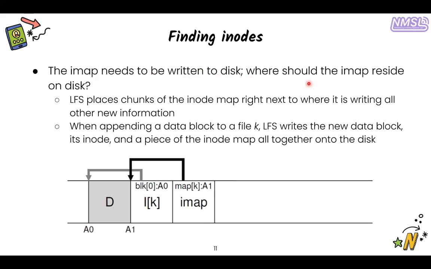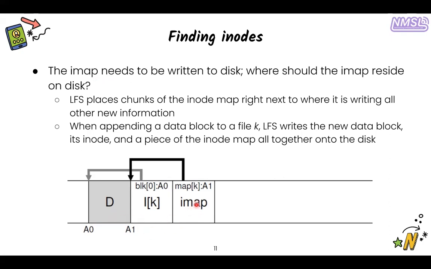Then where should we put this? What actually happens is that LFS places chunks of the inode map right next to where it is writing all other new information. So when appending a data block to file K, LFS writes a new data block, inode, and inode map all together onto the disk.